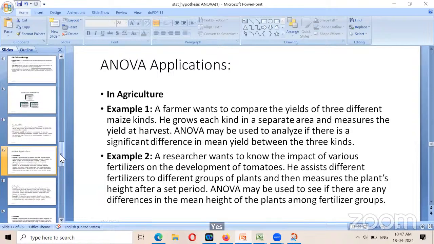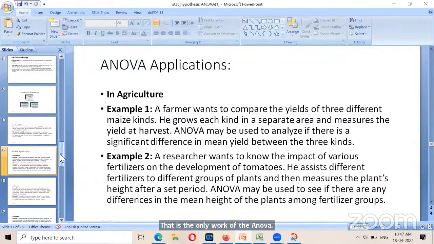So what happens in ANOVA applications, unlike other tests like Z test or T test, it is not directly considering the sample size because it is not working on the sample directly. ANOVA works on the group. Already we have taken samples from the population, we have formed the groups and we are taking the mean of the group and we are simply comparing the means of the two or more groups. That is the only work of the ANOVA.